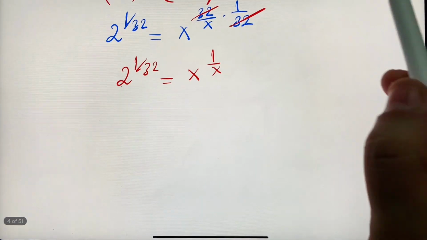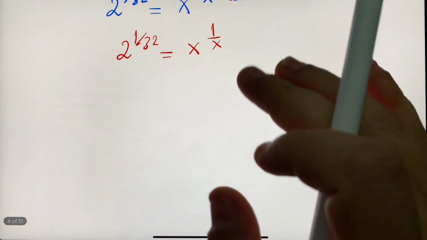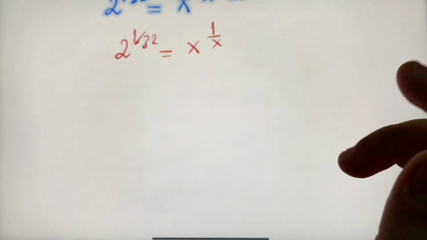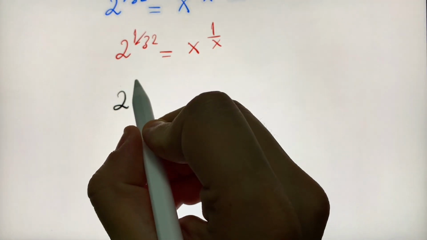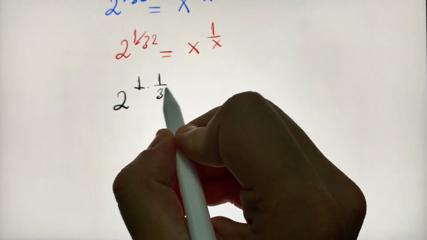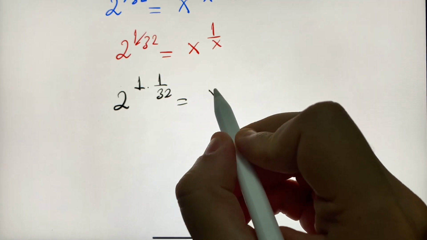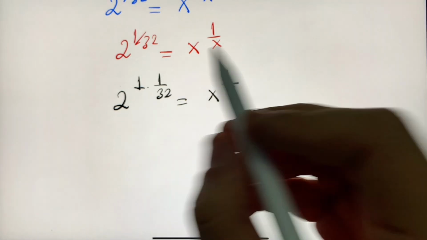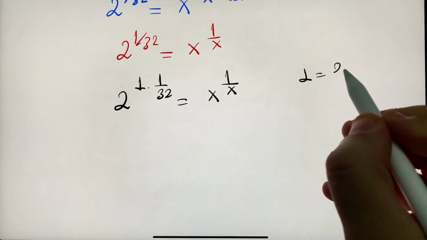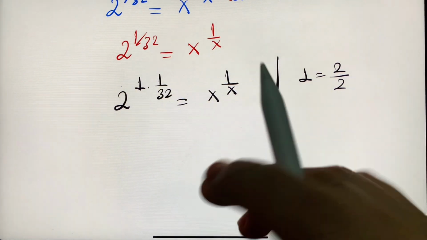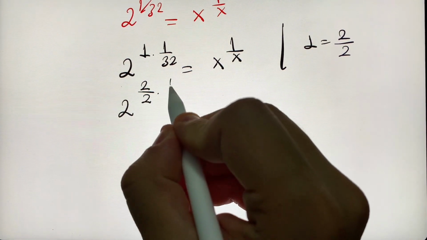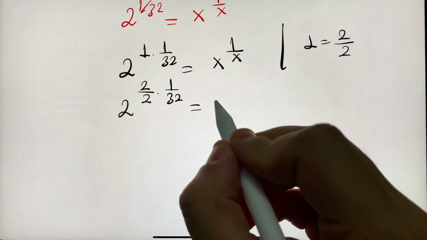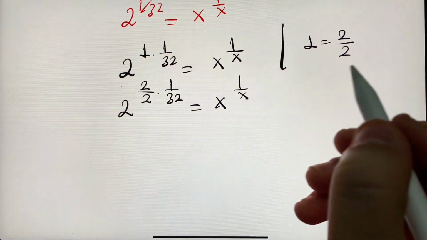Now, our question. We can continue to solve by reducing. I write this as 2 to the 1 times 1/32. I never touch the right side; I write it again, x to the 1 over x, and here I can write 2 where I see 1. I apply this: 2 to the 2 times 1/32 is equal to x to the 1 over x.